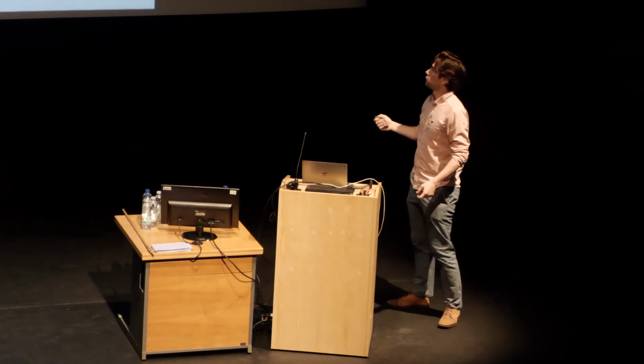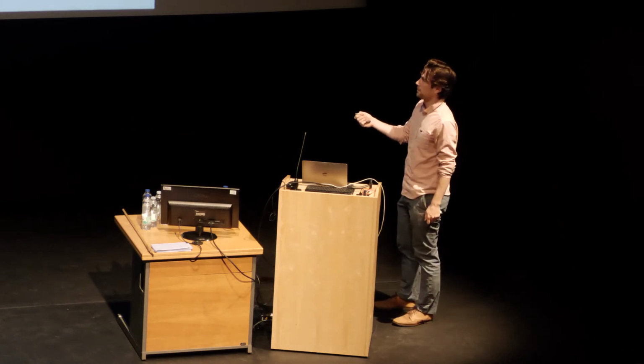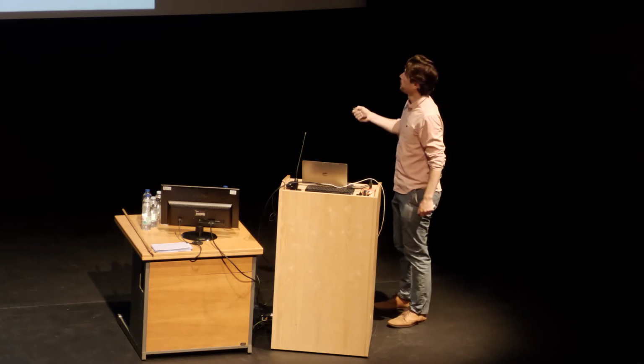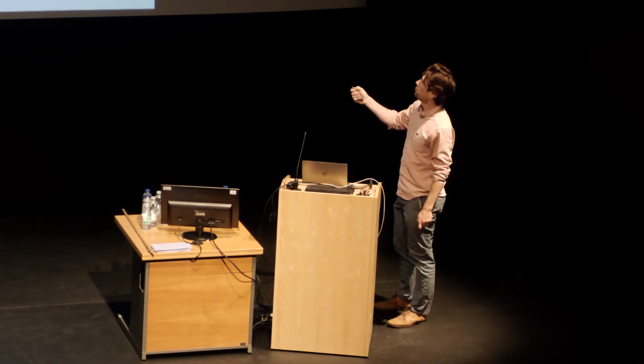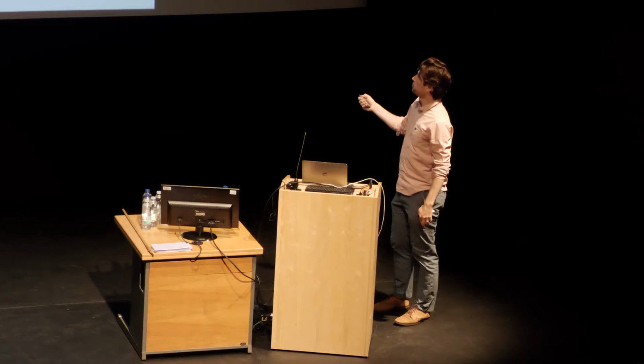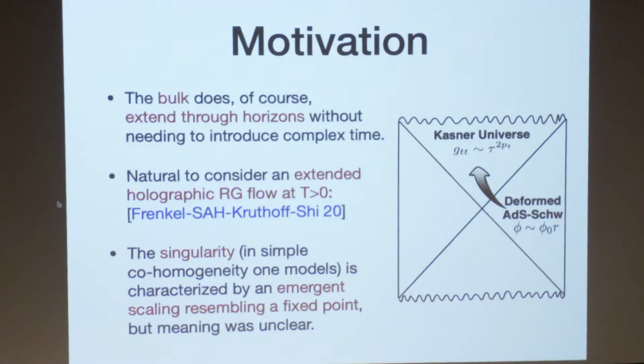And a curious thing that we emphasized here, not perhaps surprising a posteriori, but it's true, is that as you go towards the singularity, you always get some scaling behavior. Schwarzschild AdS has some behavior near the singularity. If I turn on a small source, the behavior near the singularity changes.